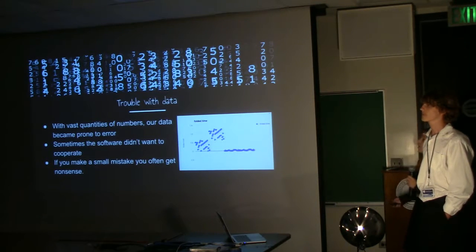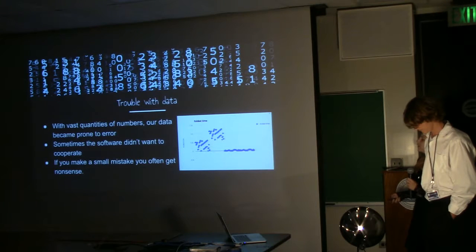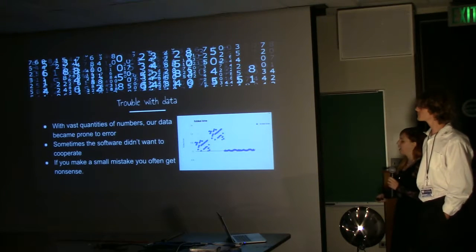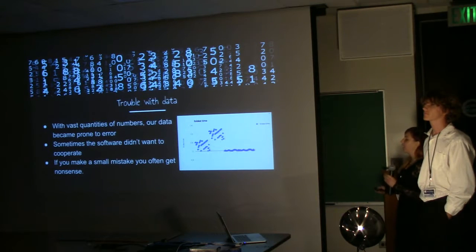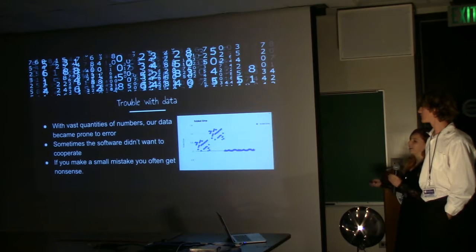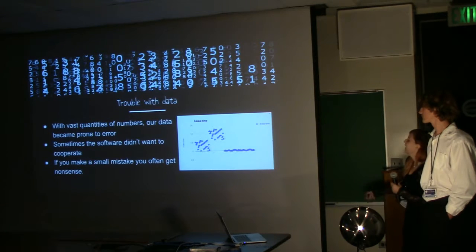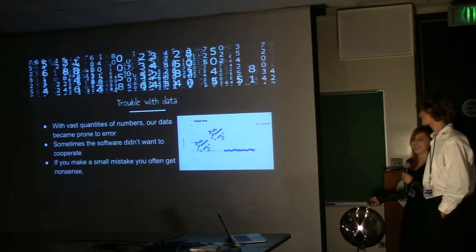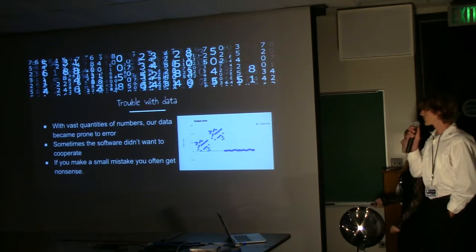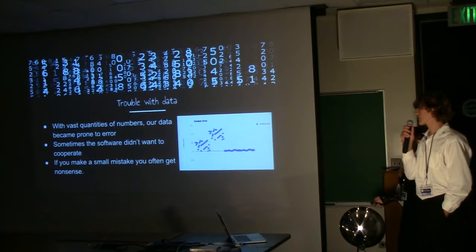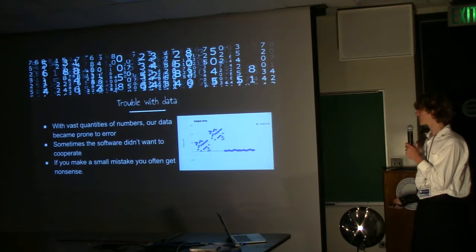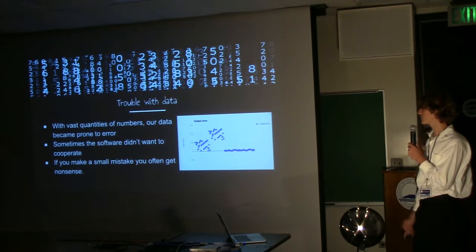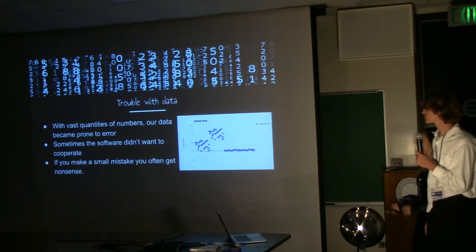Also, sometimes the software didn't want to cooperate, so we would input the phases and the magnitude, but the graphing would turn out to do this improbable thing that could never happen. Yeah, small mistakes are fun. So if the data was incorrect, we would not get a pattern. I'm just putting that out there. You just wouldn't. So if the data was ever incorrect, you'd only get something like this.